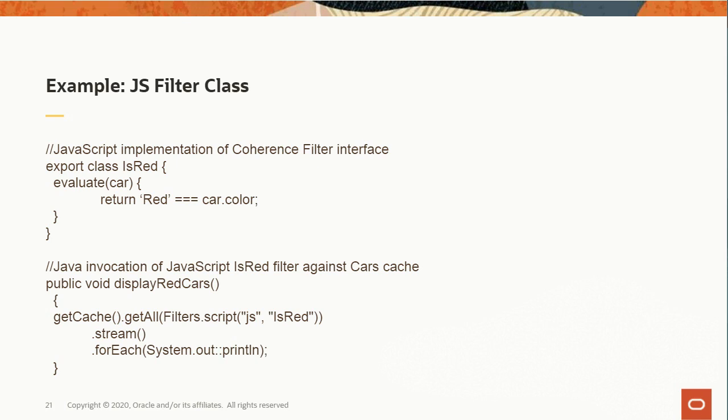In Coherence, we have a class called NamedCache in Java, which has a getAll method, and you pass to getAll a filter. In this case, we're asking for a JavaScript filter registered as is red, and we're running that filter on the cars cache. So that's an example of a distributed query using a JavaScript filter.